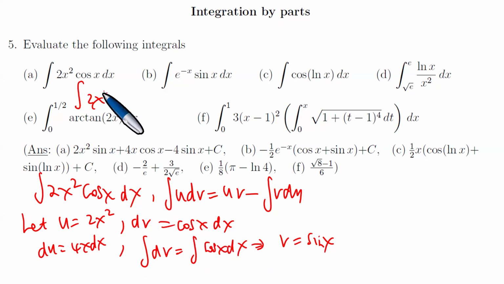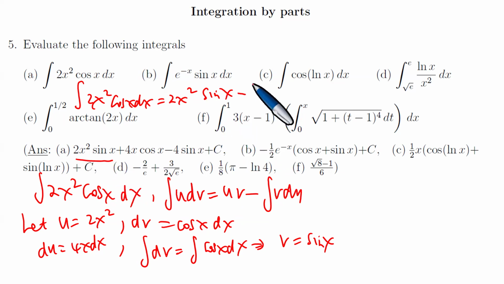Whenever you have the integral of 2x squared cosine x dx, according to this formula, u is 2x squared and v is sine x. So we already got this term of the answer we want.